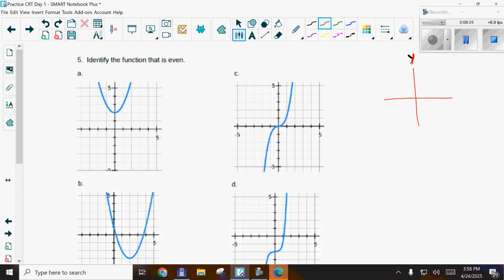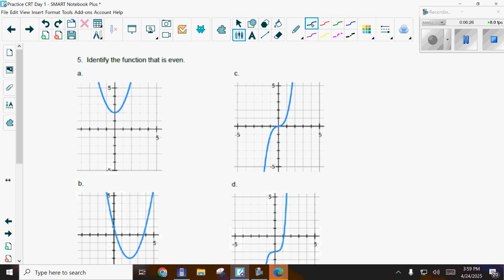If that's my y-axis and I have a shape that looks like this, I should be able to fold this half over and it lands directly on itself. So that V shape, the y-axis would be the halfway mark of that shape. So that one would be an example of even.